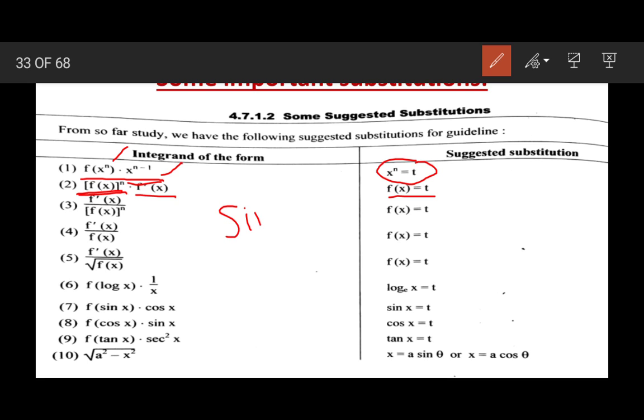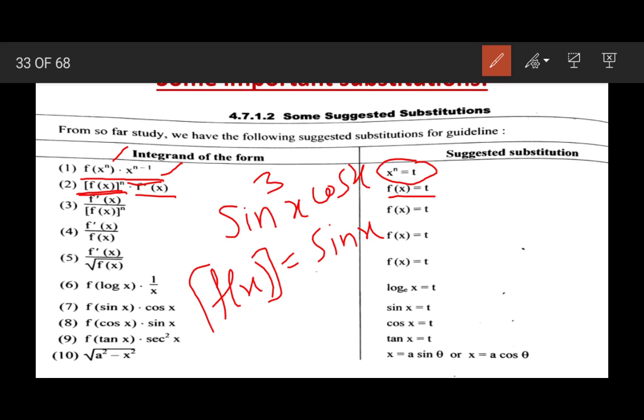Suppose I have sine cube x into cos x. The function is sine x, and I have this function raised to 3, meaning sine x raised to 3, and the derivative of this sine x is cos x.